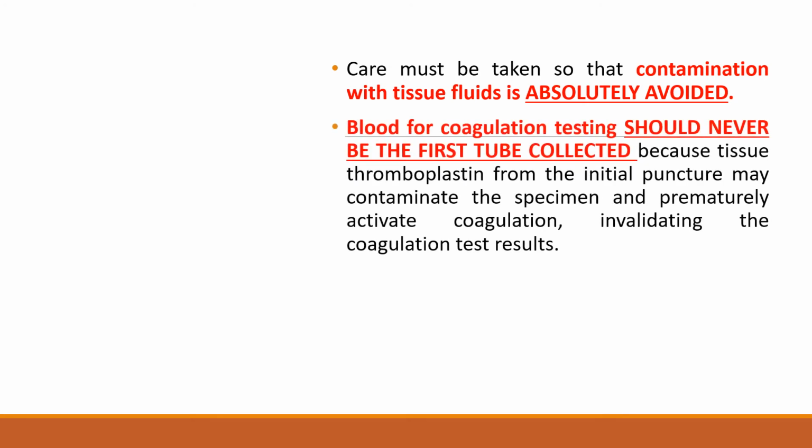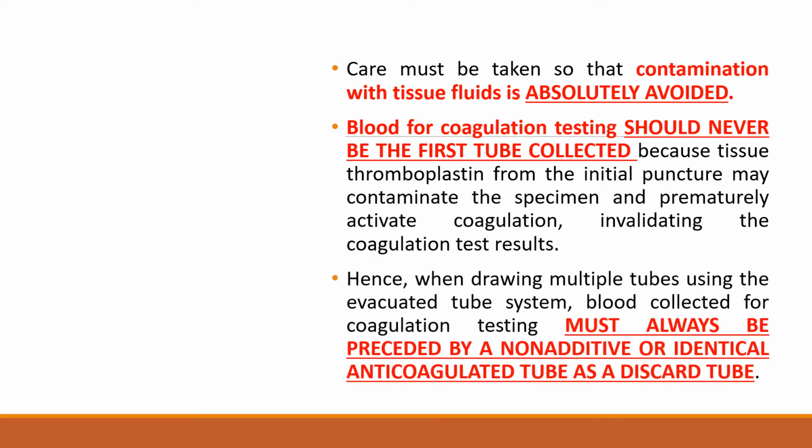Blood for coagulation testing should never be the first tube collected because the first tube will always contain the tissue juice containing the tissue thromboplastin from the initial puncture and may contaminate the specimen and prematurely activate the coagulation system, invalidating your coagulation test result.